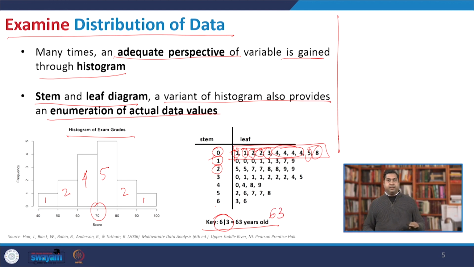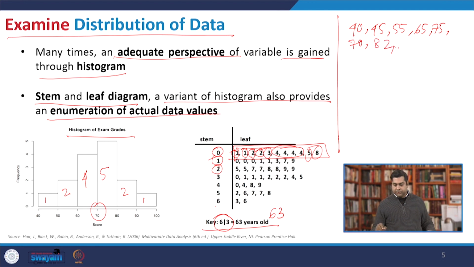So, let us understand with another example of the marks. Say, for example, in a particular class of 10 students, the marks are something like 40, 45, 55, 65, 75, 70, then say maybe 82, 90, 87, and maybe we can take any random number, something like maybe again 64.